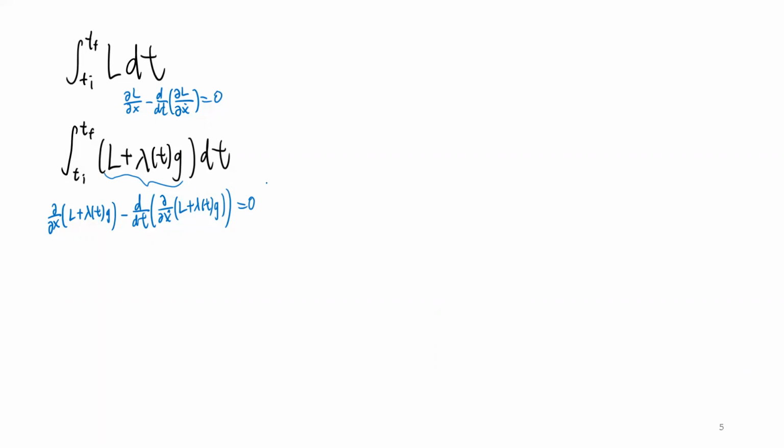If you actually expand the terms, the first one is partial L partial x plus lambda t partial g partial x, and then minus this whole term. But this g, I assume that it only depends on x and y, but not x dot.